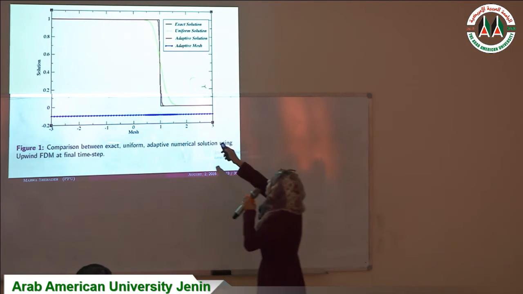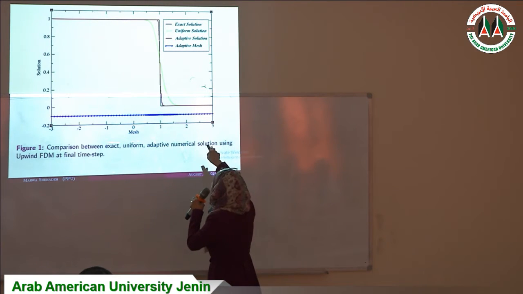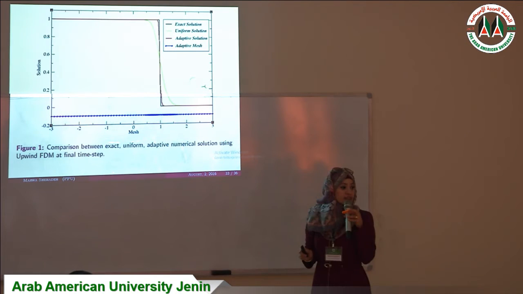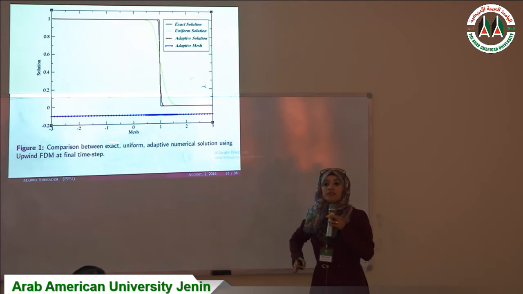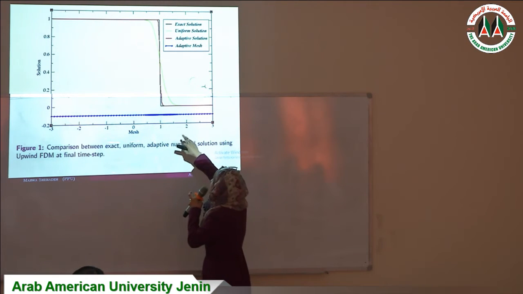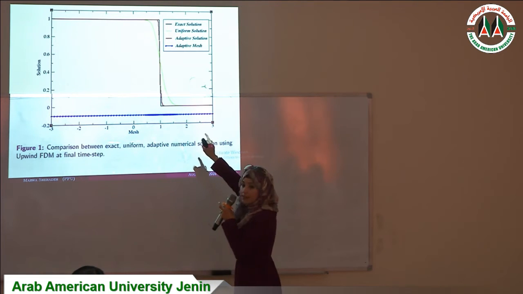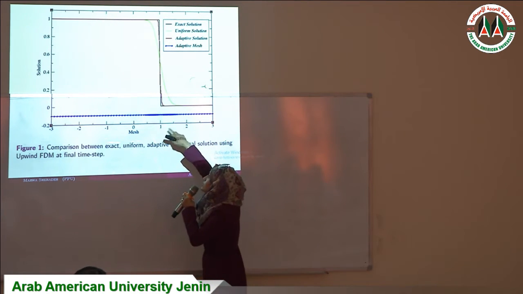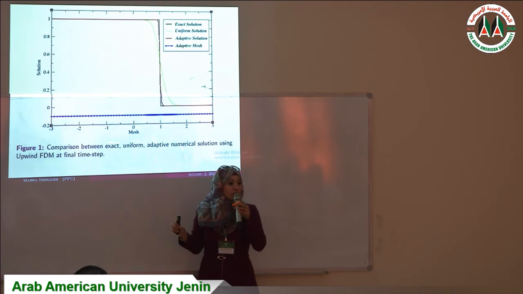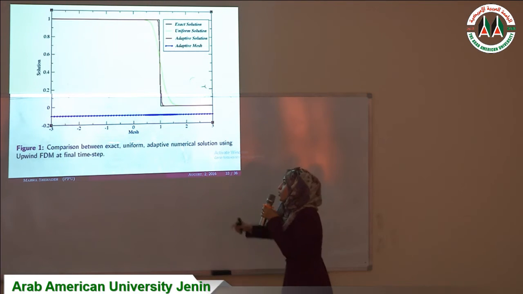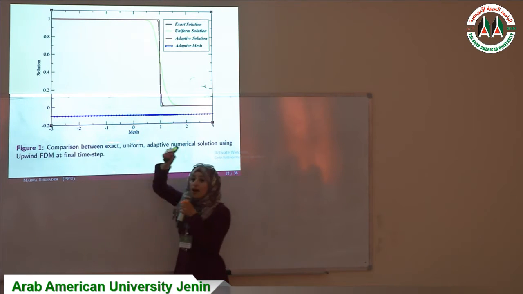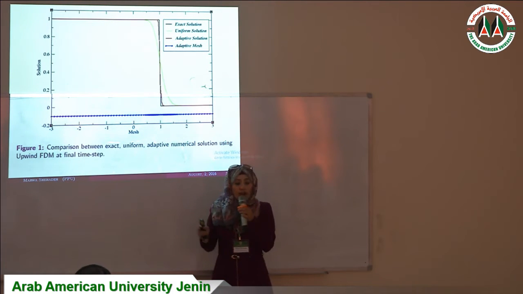The green line is the uniform solution, the red one is the adaptive, and the black one is the exact. Everybody here can notice that the red line, the adaptive, which is my method, is very close to the exact solution. We can also see that the points are concentrated in the areas of high error.